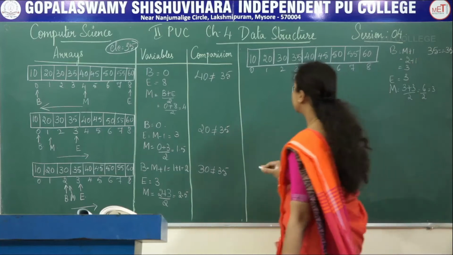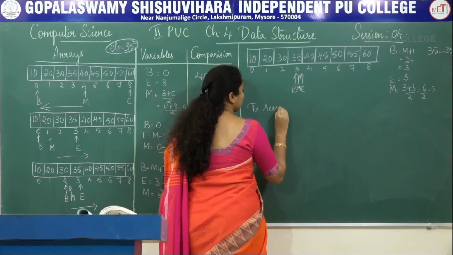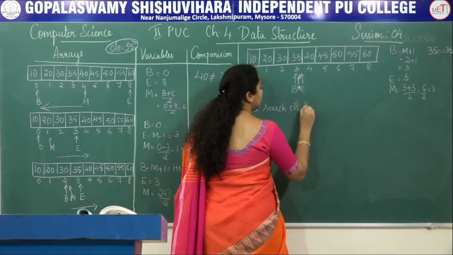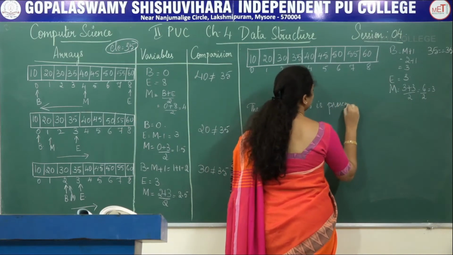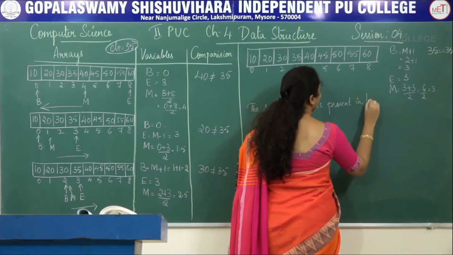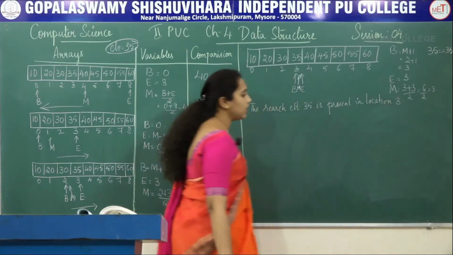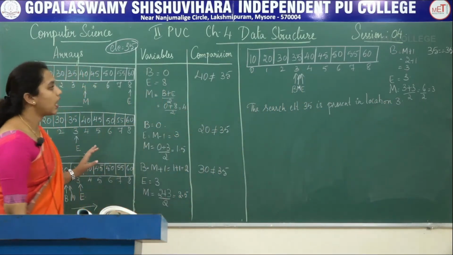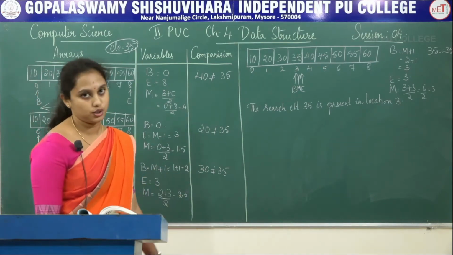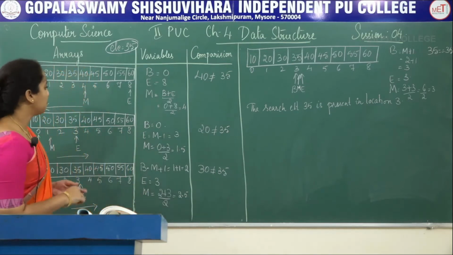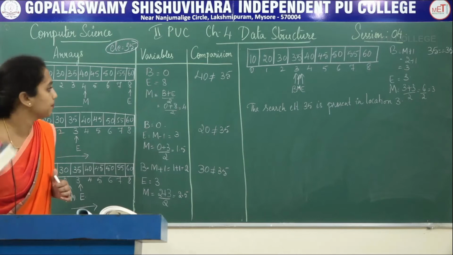Hence the search element 35 is present in location 3. So this is how we have to trace an array using binary search. Now let's write an algorithm for binary search.